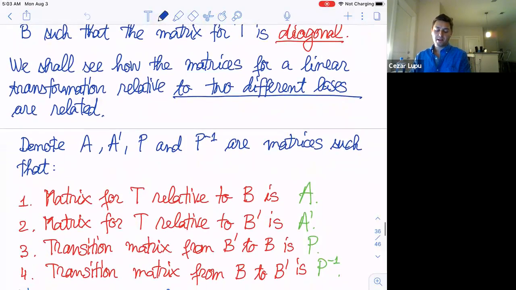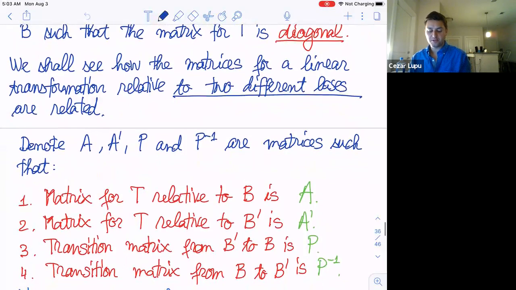I will better illustrate these four conditions when we draw a picture after I explain them. As you can imagine, A is nothing else than the matrix for my linear transformation T relative to the basis B. A prime is the matrix for the same linear transformation but relative to the basis B prime.